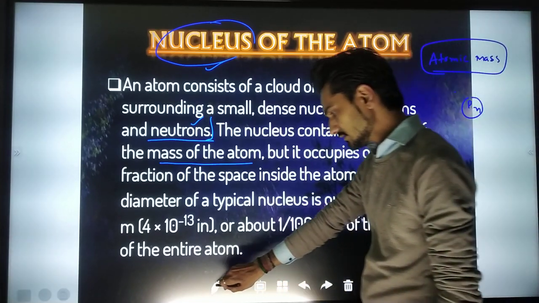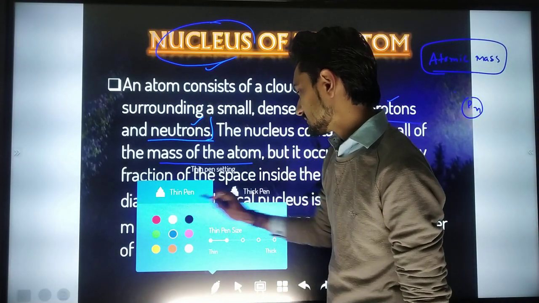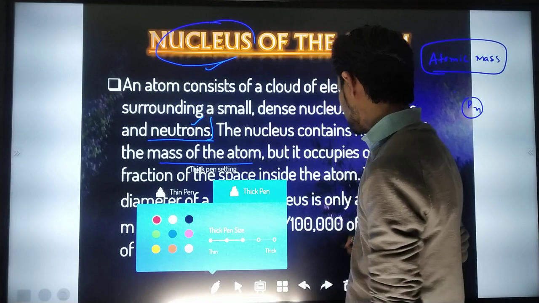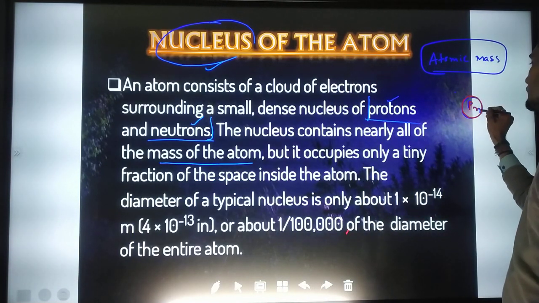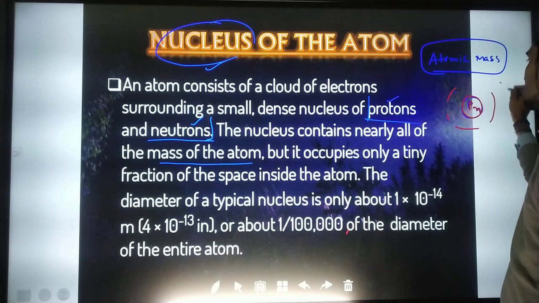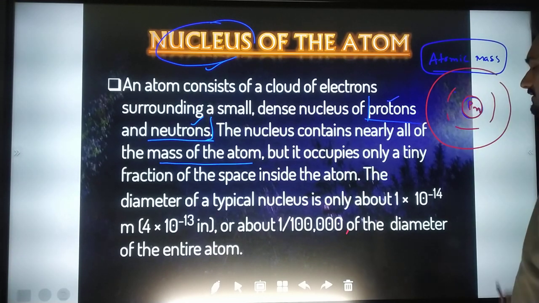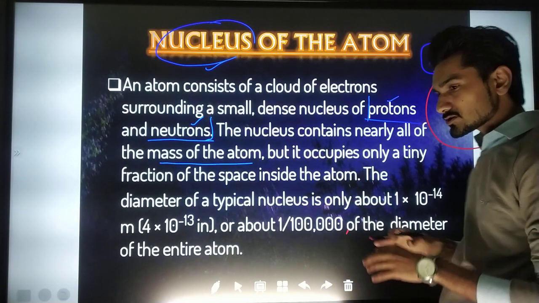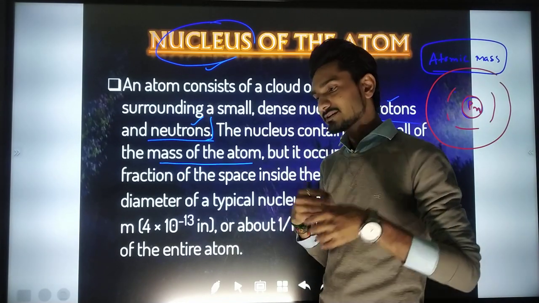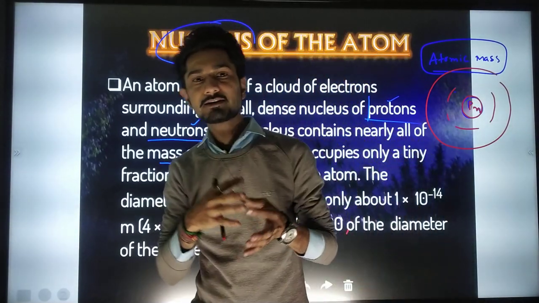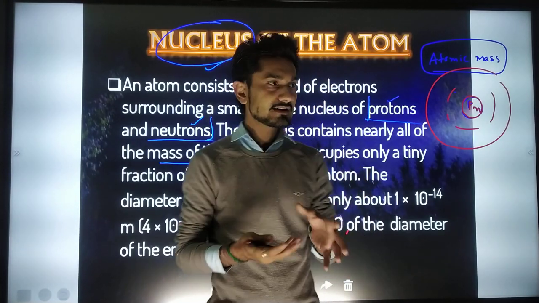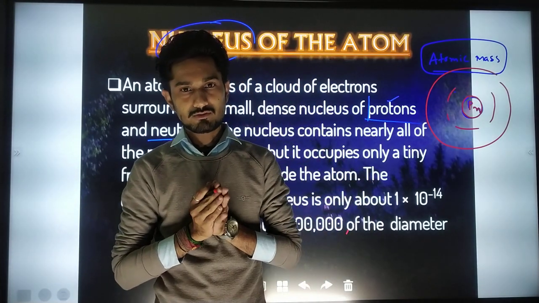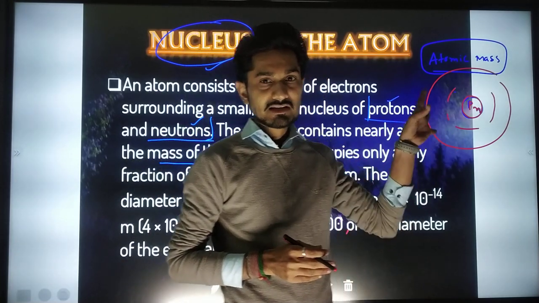I will change the color so you can visualize it. This is the proton and neutron, and you know that the electrons are always rotating around it. So the electron is not stable, and due to its instability we cannot consider it in the atomic mass. For the atomic mass we need the proton and neutron, which lie beneath the nucleus.